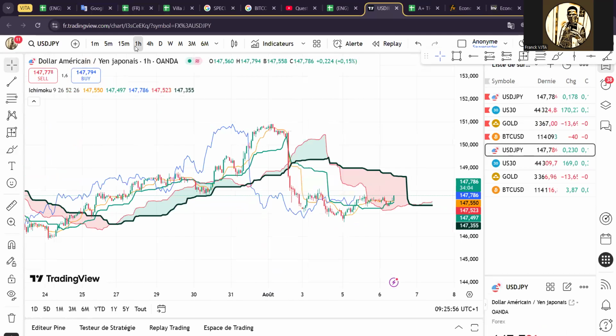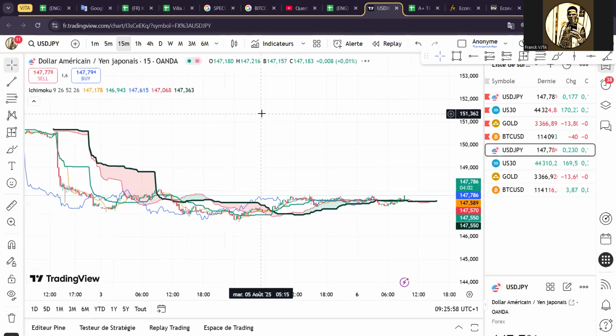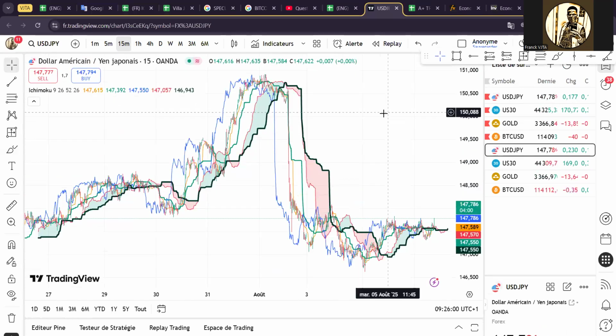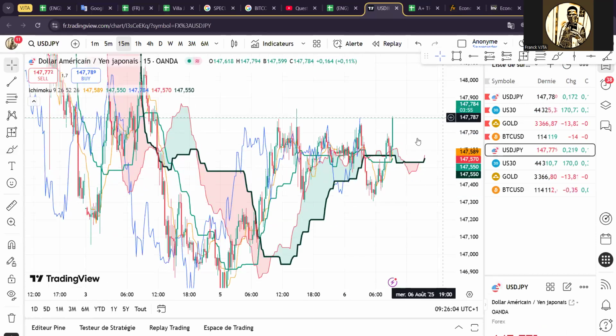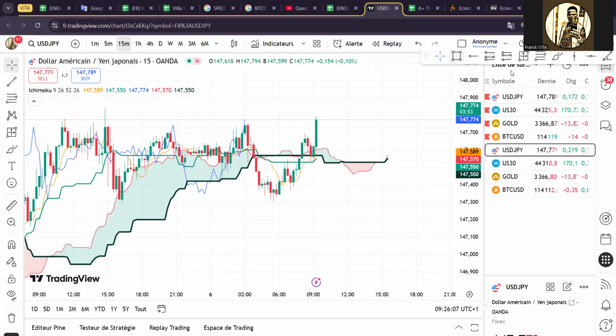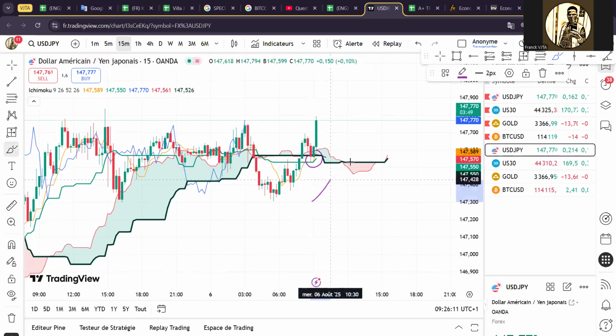This KSB is best taken on 15 minutes. Sometimes, let us look at this, for example, in this 15 minutes. You see what is happening now, right? You have a buy TK here, like you have a TK cross. That is an early entry that somebody could have bought here.